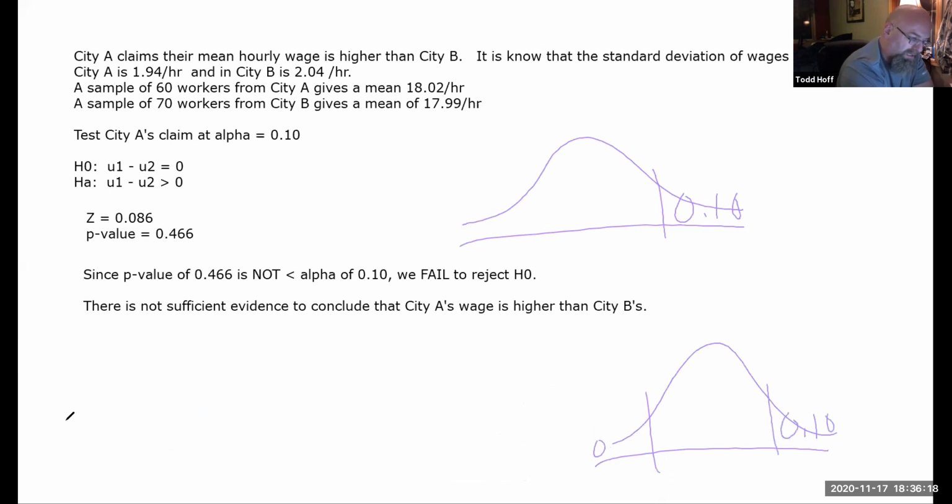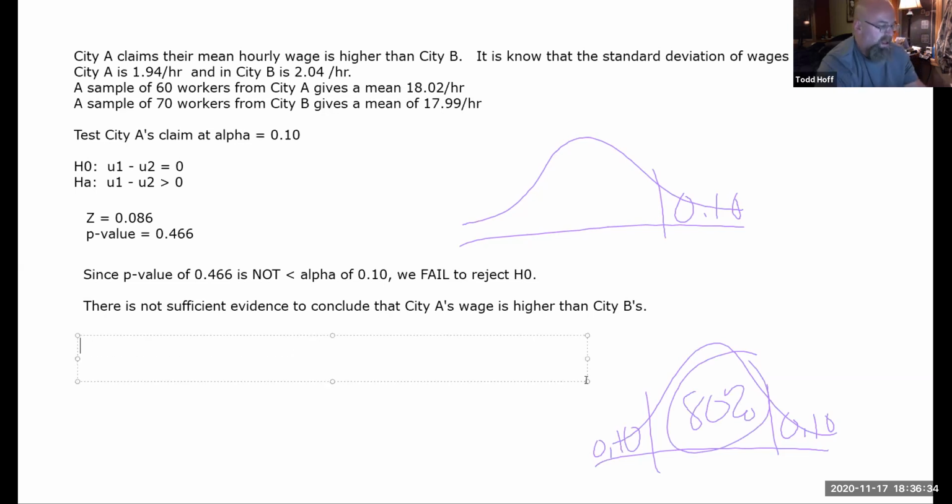And since the confidence interval comes out of the middle, we'd have to have 0.10 on the lower tail, which means this is only going to be an 80% confidence interval to track this. So let's do that. Let's find the 80% confidence interval for the difference in population means.